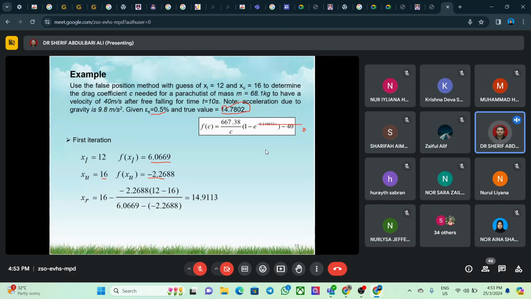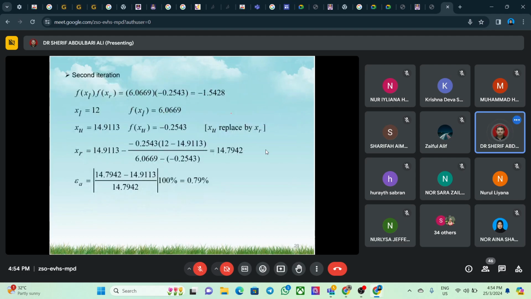So now I can find a new value of xr using this equation: x upper minus the function of x upper times x lower minus x upper, over the function of x lower minus the function of x upper. From the first iteration, I'm getting the answer of 14.91. This value is already closer to the true value in the first iteration. That's why it's faster than the bisection method.